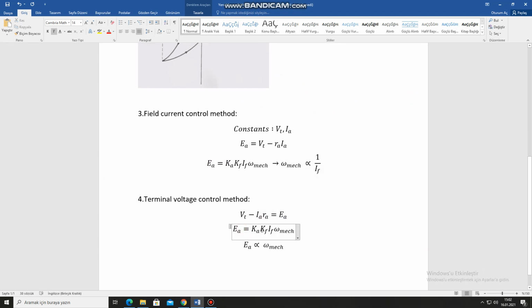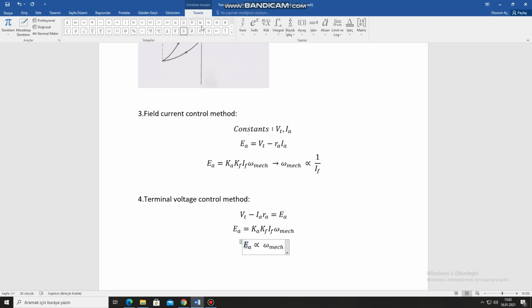One important thing here is that K_A and K_F are already constant, and I_F is also kept constant because this is a separately excited DC machine, which means any change in E_A points to the same change in the omega mechanical speed of our rotor. So E_A is directly proportional to omega mechanical. Also remember that E_A is proportional to V_T, so they are also proportional to our terminal voltage. And this is the last part of our question.